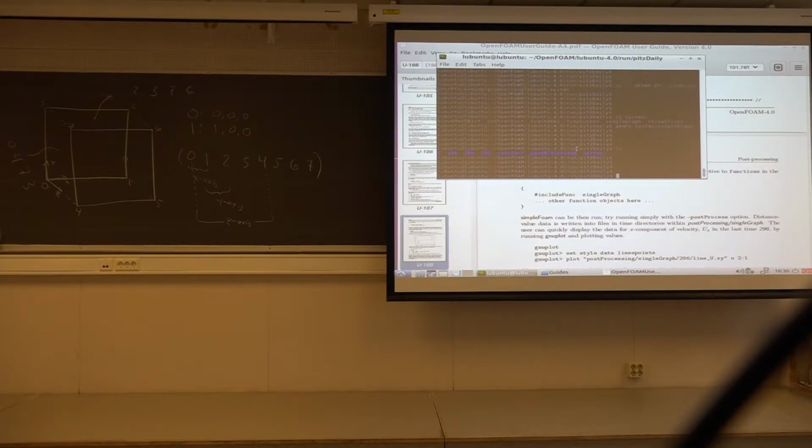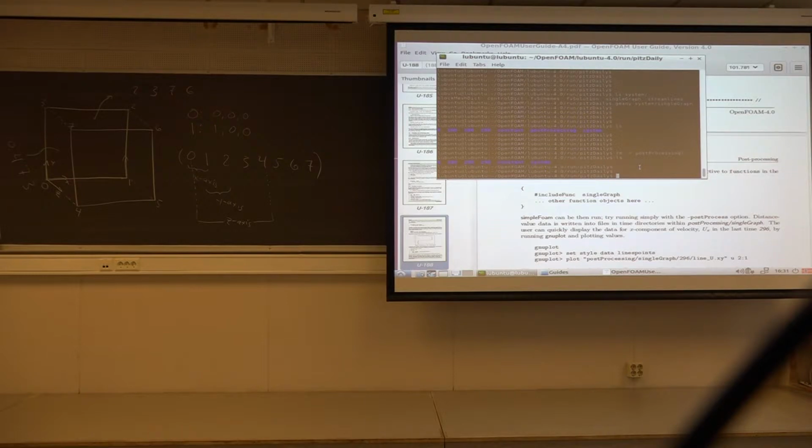Now I have already run the Pitts-Daly case, and it gave me a folder called post-processing. But I want to destroy everything now except the initial files. So I want to remove this post-processing folder. I need rm minus r, like that.